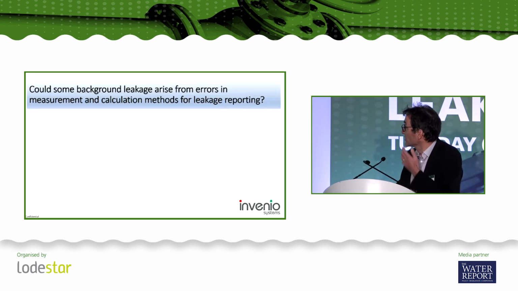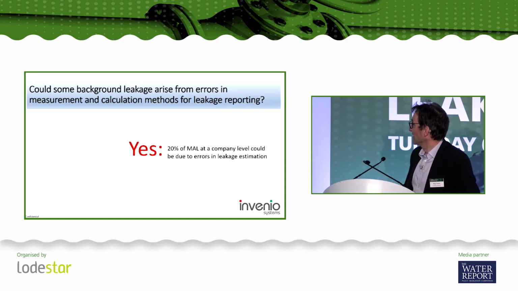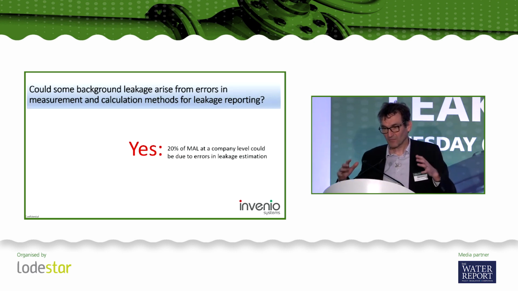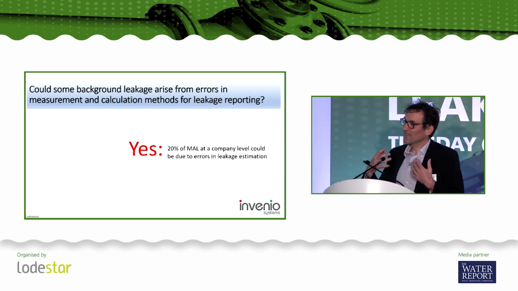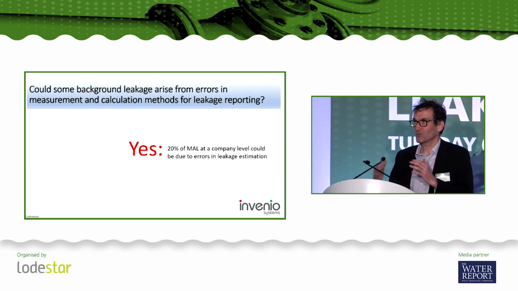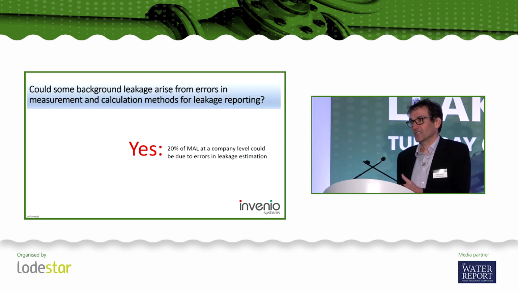Okay, so back to those questions. Could some background leakage arise from errors in measurement and calculation methods? Well, the answer is yes. We did a leakage error estimation approach, and with reasonable assumptions about what the distributions of error are, we estimated that about 20% of the minimum achieved leakage could be due to errors in leakage estimation method.